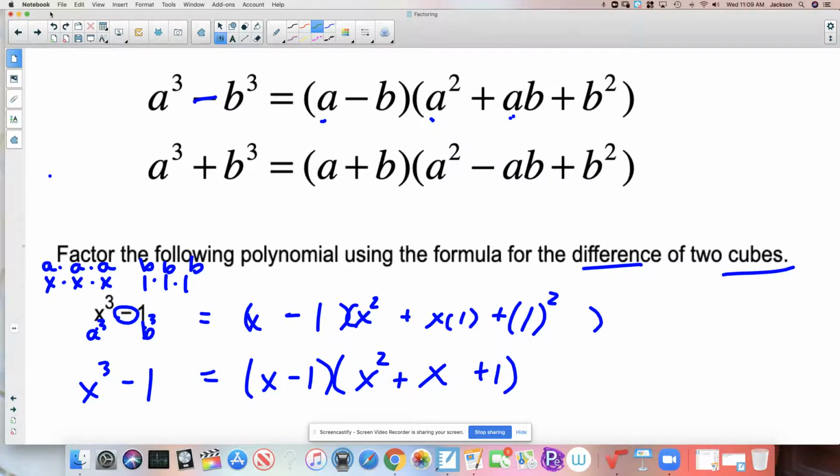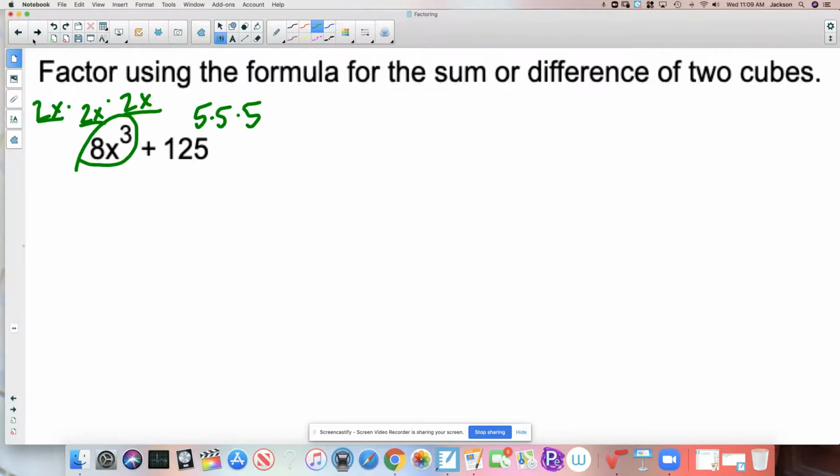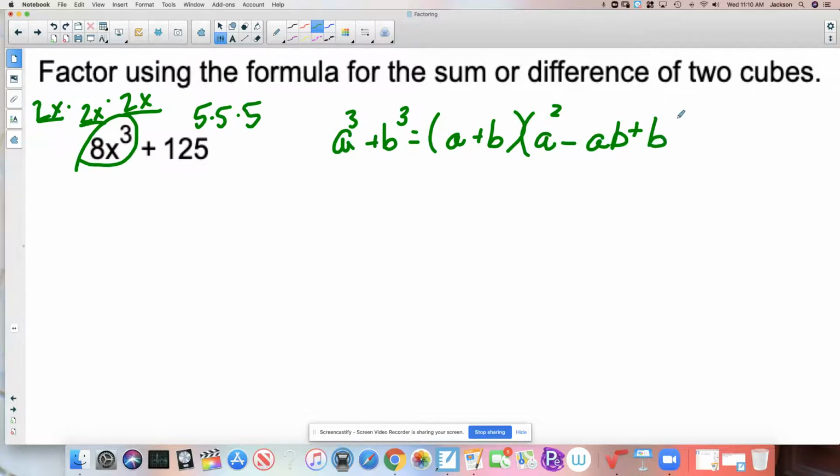I'm going to write that one more time here. Let's call that an A cubed plus B cubed. We're going to be able to factor that according to this format. A plus B in a binomial. Then we've got A squared minus AB plus B squared.